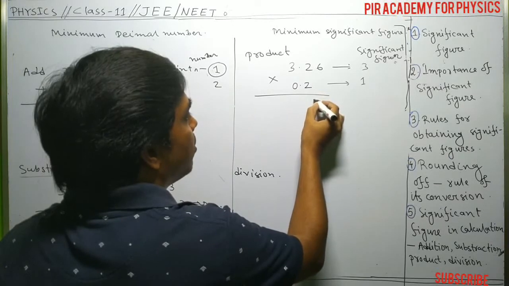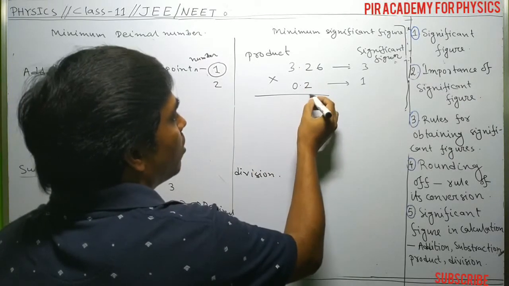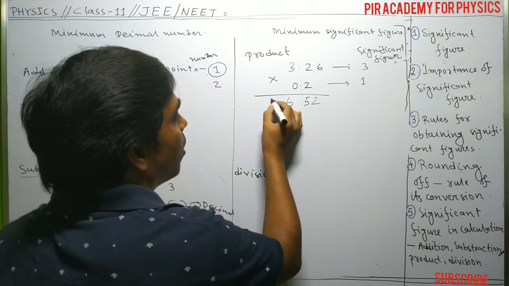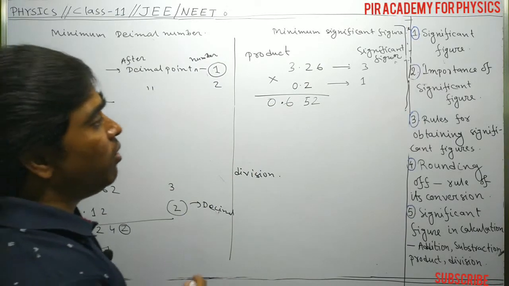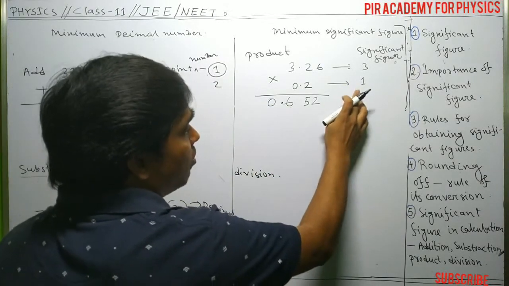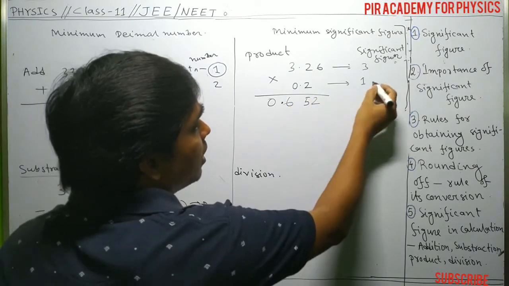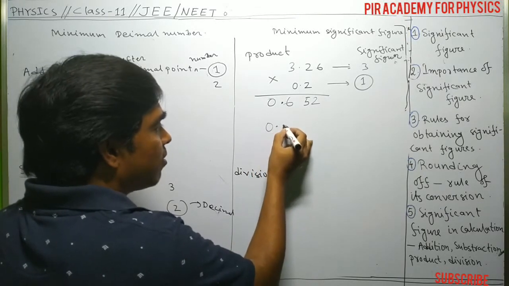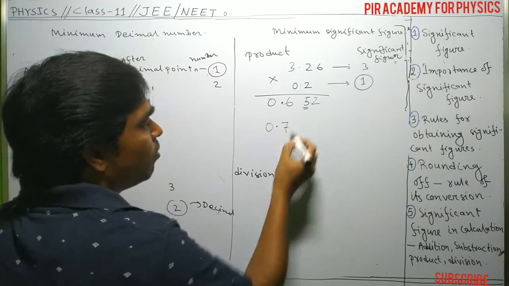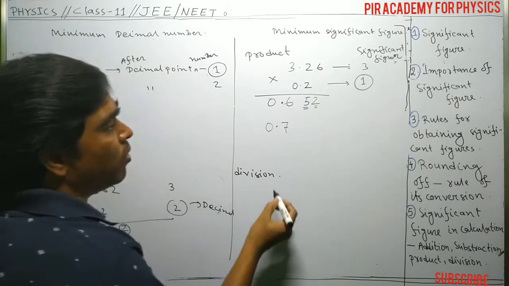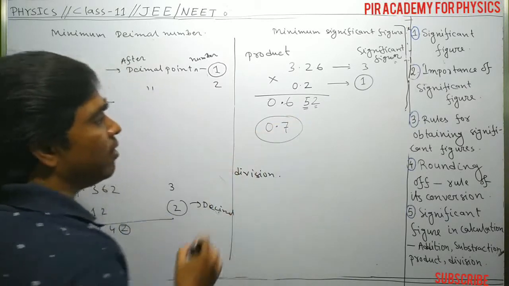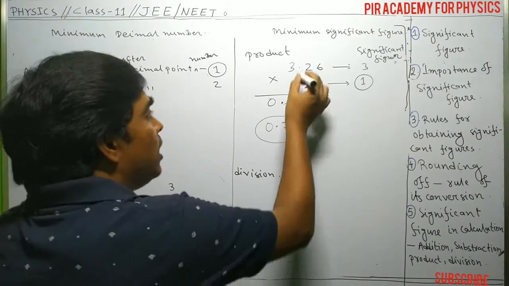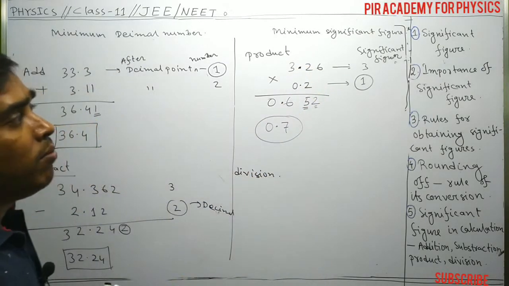If you multiply, you get the product, but you have to retain the minimum significant figure. Here the 6 will become 7, because the dropped value is 5 followed by non-zero values. That's why the value will be 0.7. You have to retain the answer with the minimum significant figure.